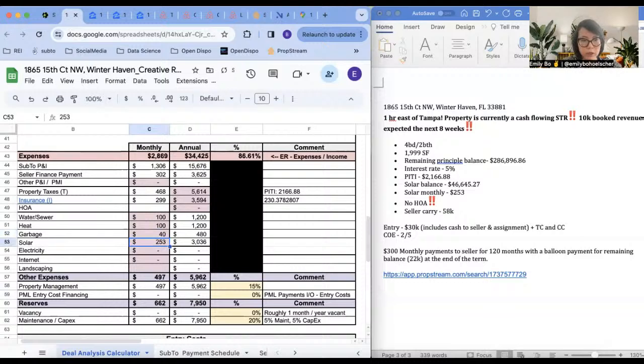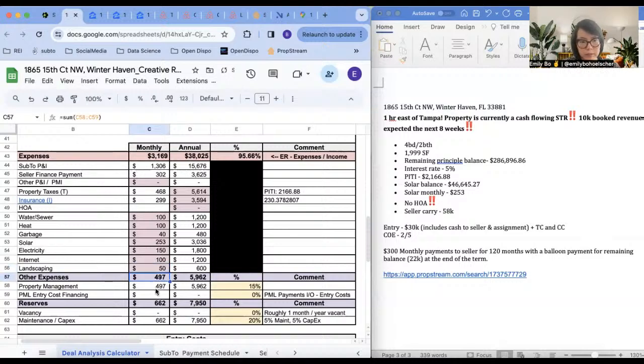Maybe I should put 40. Okay, electricity, let's just put 150. That's actually pretty conservative. And then the internet, I would say at least around $100 as well. There's not much turf, but you will still need to do the cleaning. So let's just put $50 here.